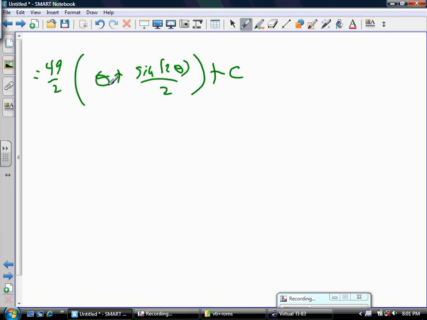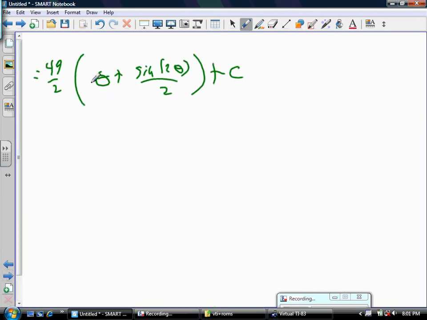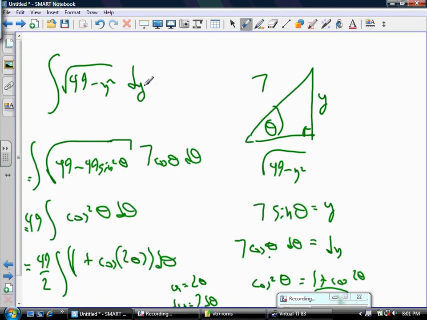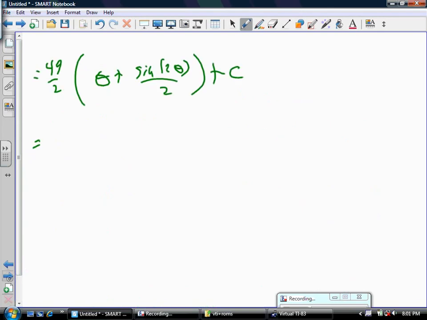How do you get back to y? Because remember, we started with y. Can you get rid of the thetas to get back to y? If I'm integrating a function with respect to y, hopefully I can get back to y, because I have limits of integration in terms of y. So, how do you get theta to look like a y?